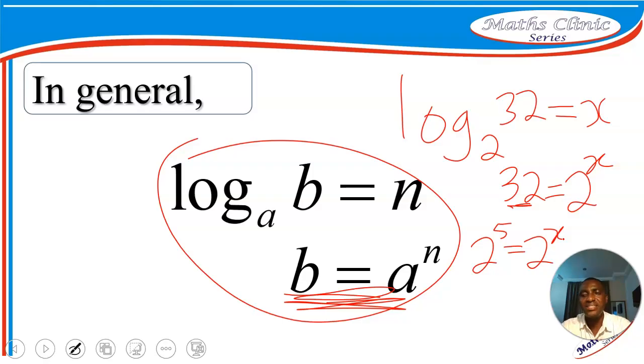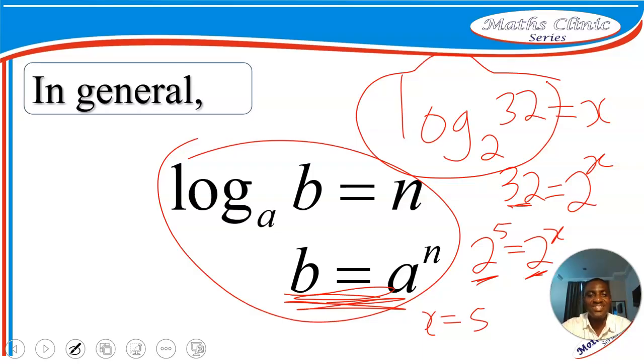And from our indices lesson, if we have indices and other indices with an equal sign between them and the bases are the same, we always equate exponents. So we can say our x is equal to 5, which means the value of log 32 base 2 is 5. As simple as that, right?